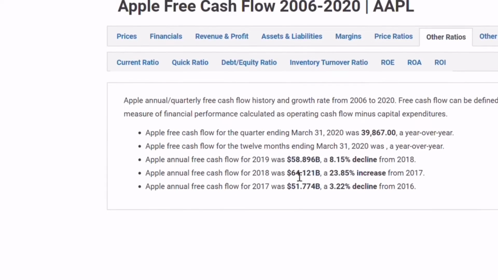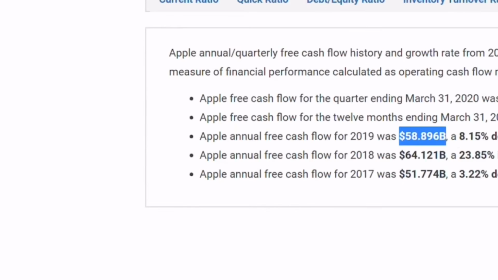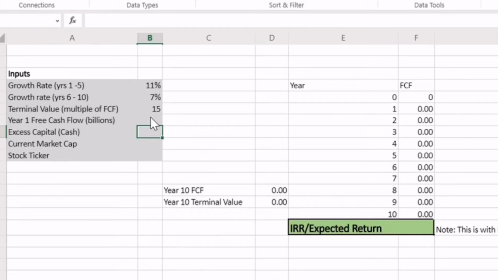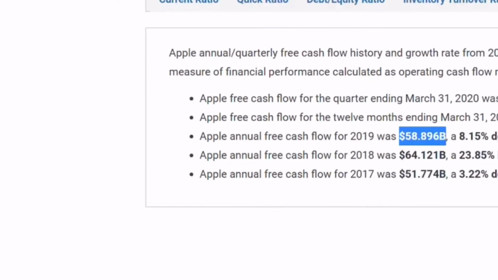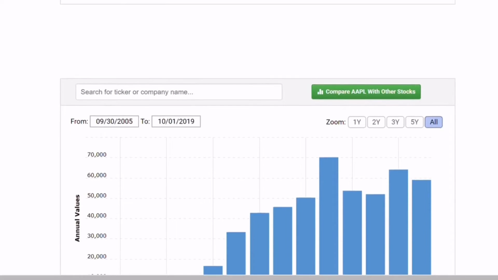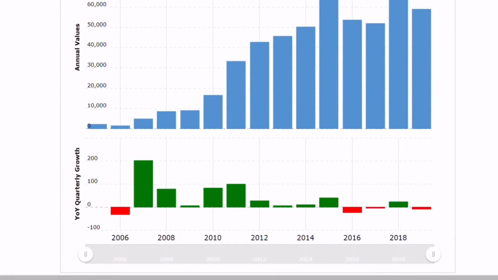And I'm going to see that in 2019, Apple had a free cash flow of 58.89 billion. So I'm going to go back and add in 58.89 billion.